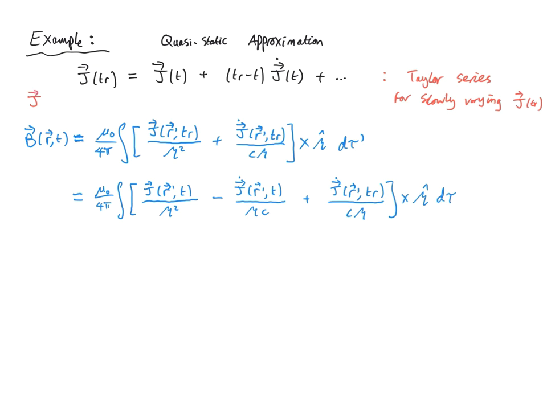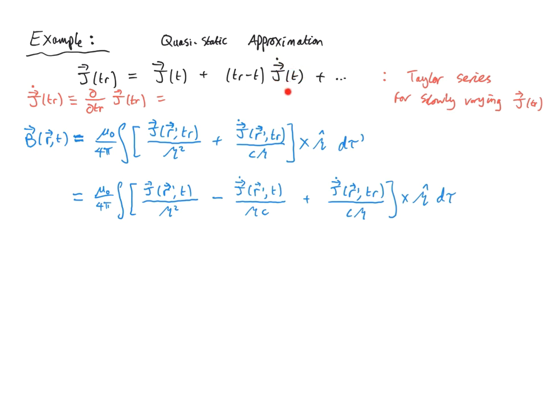What we want in our expression is J vector dot of t_R, and what we mean by that dot in this case is d by dt_R, the derivative with respect to the retarded time of J at t retarded. On the right-hand side of the equation, the first term doesn't depend on the retarded time. It's completely constant, so that's equal to 0. In the second term, we have a J vector dot of t.